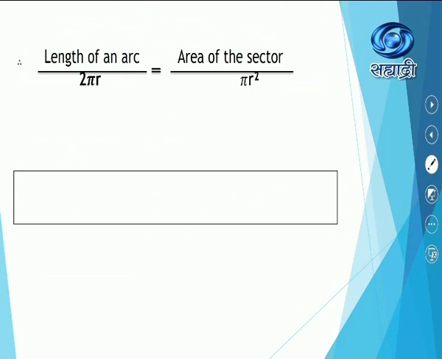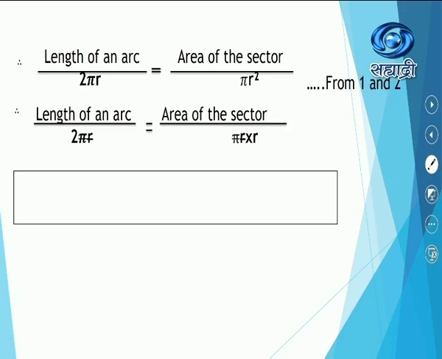Write them down. Length of an arc upon 2 pi r is equal to area of the sector upon pi r squared. Now length of an arc upon 2 pi r is equal to area of the sector upon pi r into r. So here I have just split this r squared into r into r.